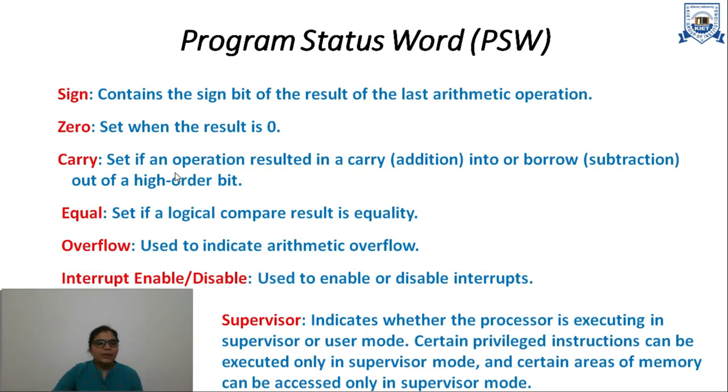So this is all about the flags. The sign flag will always tell about the sign of the result. The zero flag will denote whether the result is a non-zero value or a zero value. Carry will denote whether a carry has been produced in an addition operation, and in a subtraction operation whether a borrow will be taken or not. Equal will denote whether the numbers compared are equal or not.